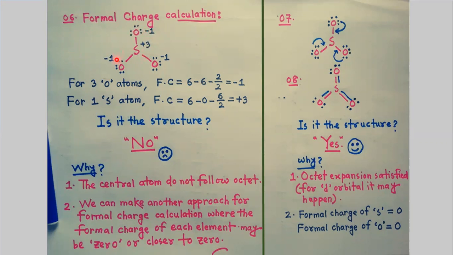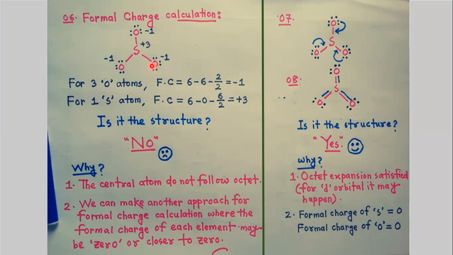For the 3 oxygen atoms, as they are the same oxygen atoms bonded with sulfur with a single bond, the formal charge of oxygen is equal to valence electrons, 6 as you know, minus lone pair or non-bonding electrons in each oxygen atom, as there are 1, 2, 3, 4, 5, and 6 non-bonding electrons in here, so this is 6, minus bonding electrons divided by 2.